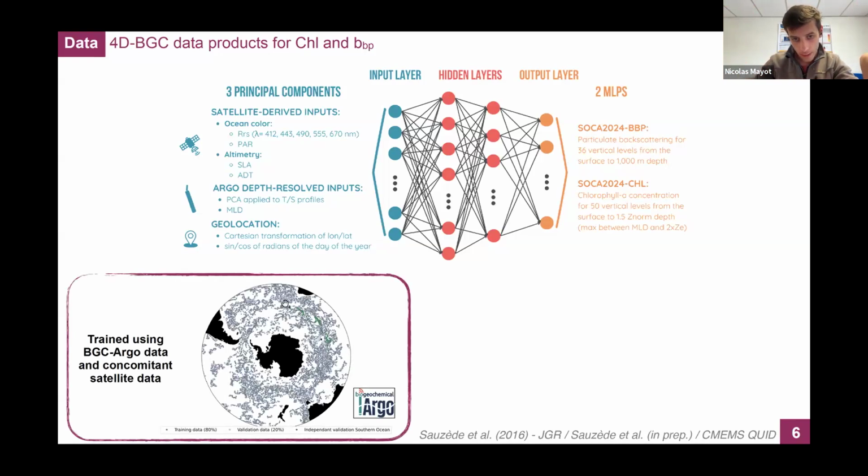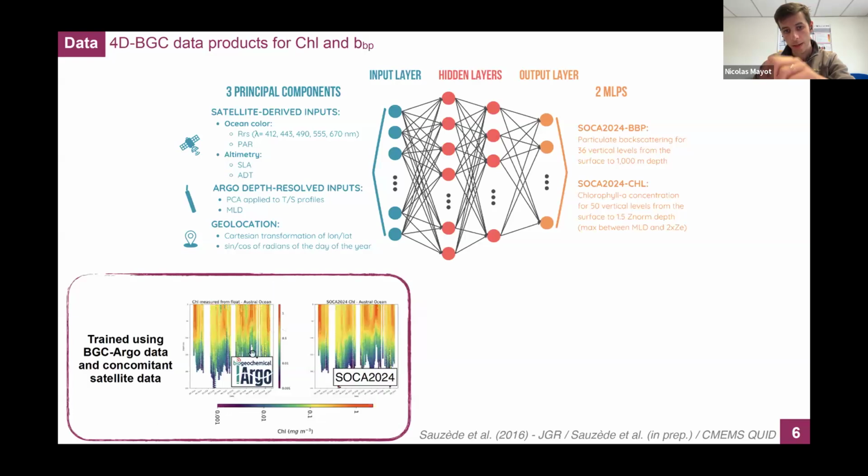And there's also, in green, an independent data set that Raphael used to validate this 4D-BGC data product. I'm showing here the time series from this independent data set from the BGC Argo program versus what the neural network is producing in terms of chlorophyll. And so we can see that it's able to reproduce both the vertical distribution as well as the temporal variability.